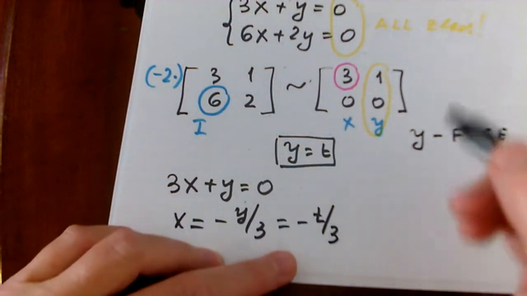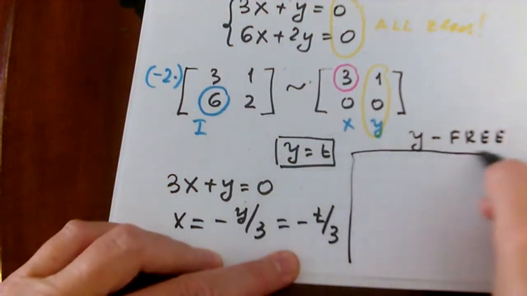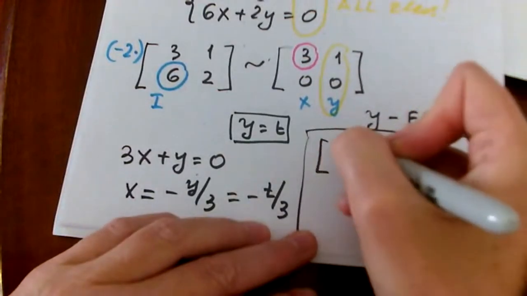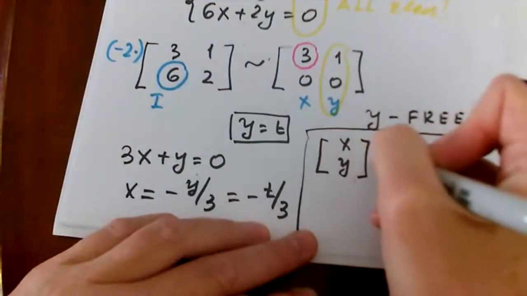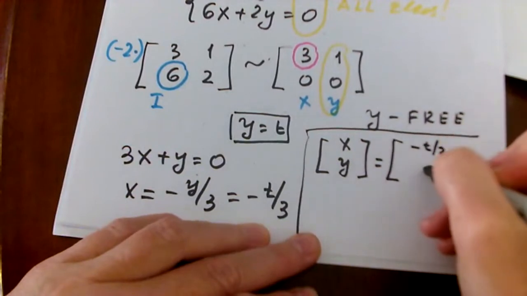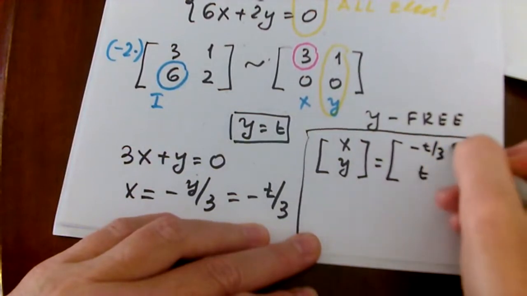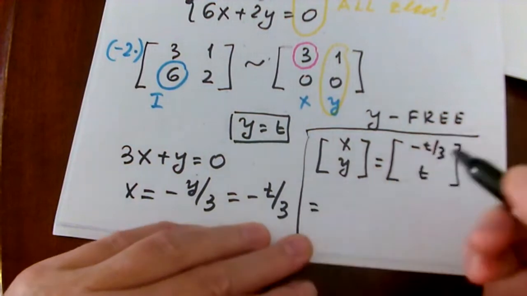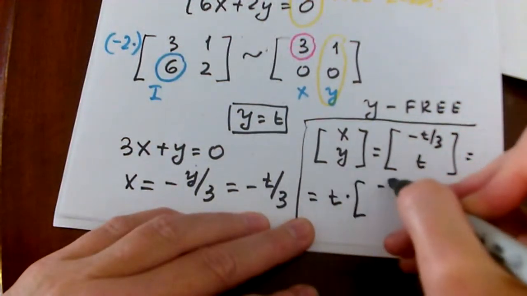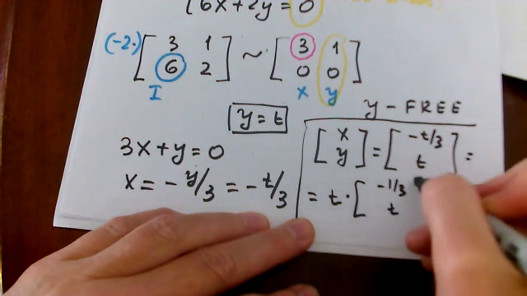Okay. And now we can practice this trick about getting rid of fractions, by the way. So our answer looks like a column, x and y. So let's substitute our results first, with t. And of course, at the first move, we bring out t, and we are left with a fraction here inside, -1/3.